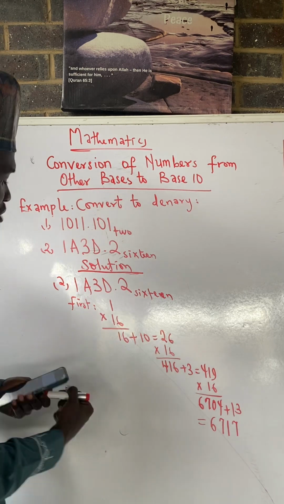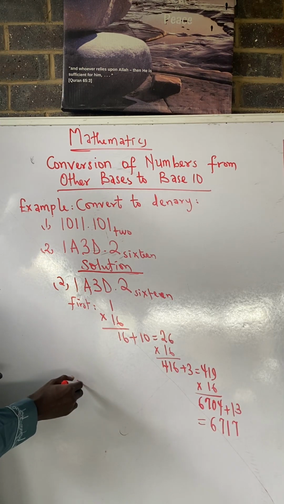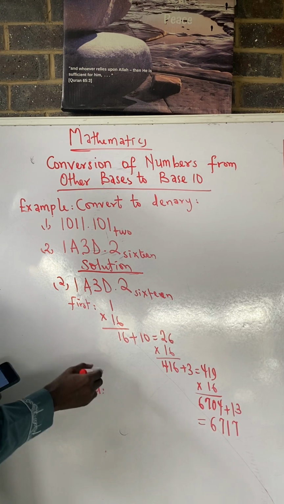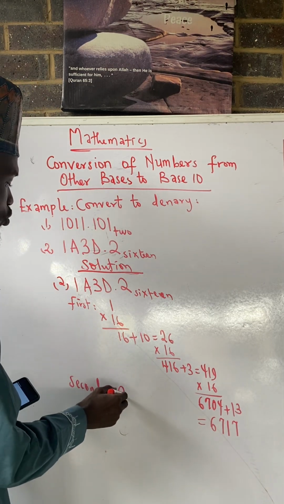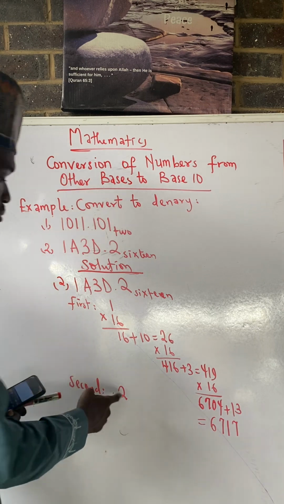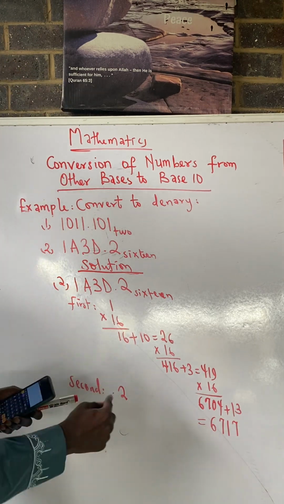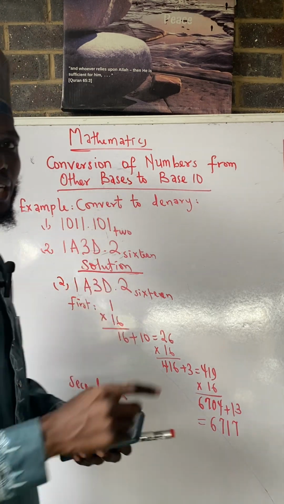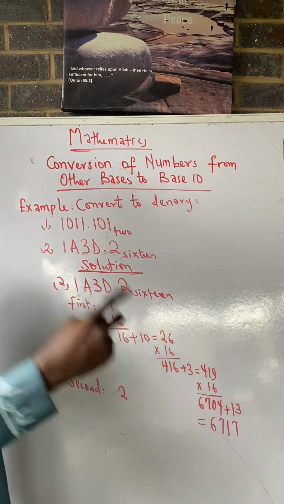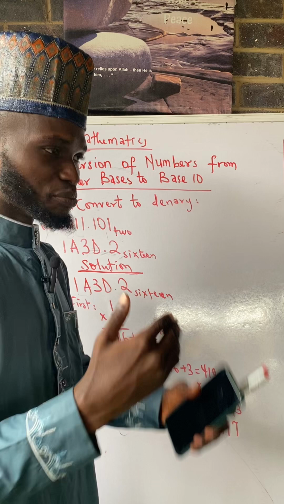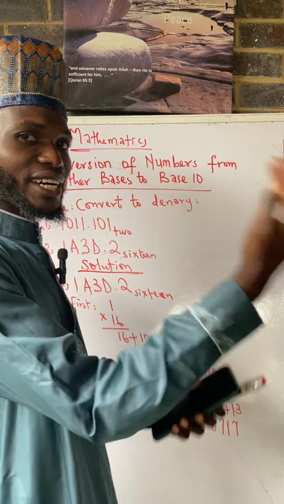Let's look at the decimal part. Second, the decimal part contains only 2. So we are putting 0.2. Only 2. That means it's this only 2 that will multiply. But don't forget that this method involves two things, both multiplication and addition.